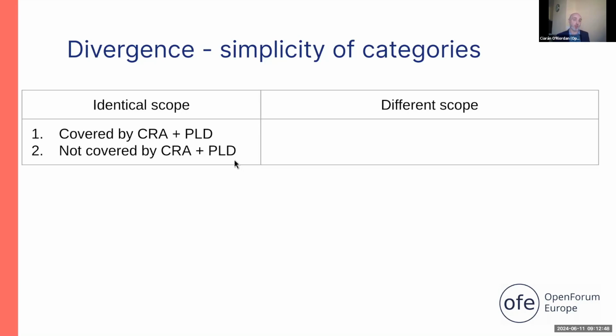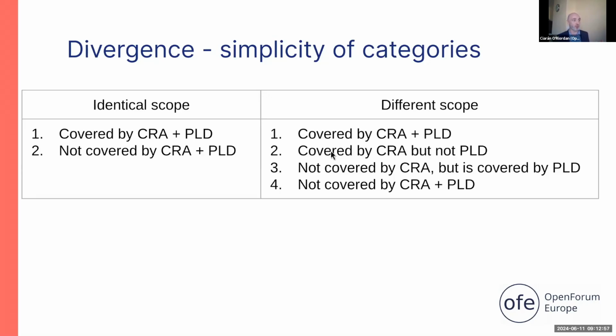If, however, there are different definitions of software, of commerciality, of free and open source software, then we would end up with a situation where some software is covered by the CRA and the PLD, some is covered by just the CRA, some is covered by just the PLD, or some is covered by neither. And so this already makes the complexity more difficult to deal with just by having scopes that are not identical.